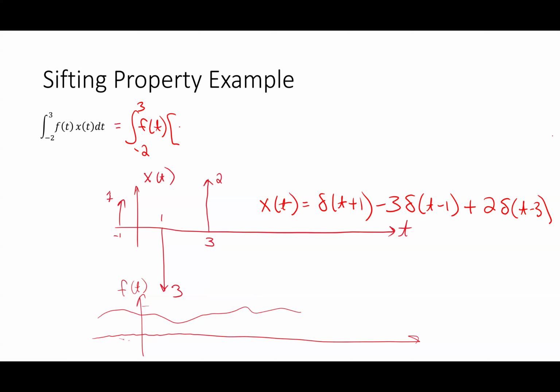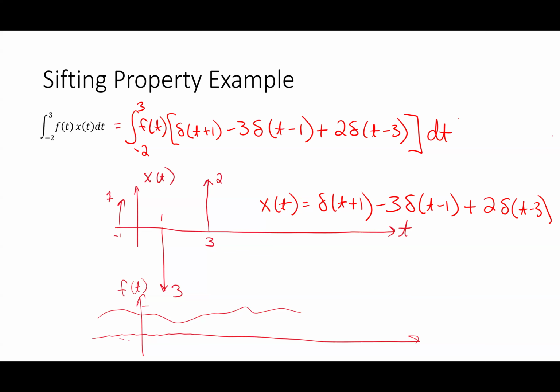And x of t, I just figured out, is delta of t plus 1 minus 3 times delta of t minus 1 plus 2 times delta of t minus 3, all times dt.